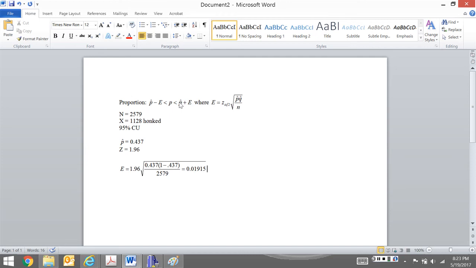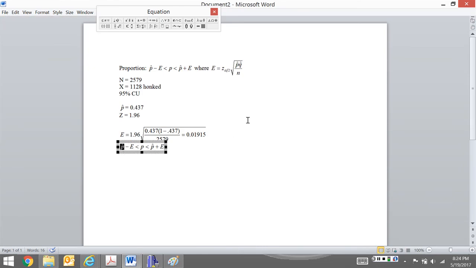So taking this down here, what I have now is my point estimate, which we figured out, right? That was the 0.437, and I'm going to subtract the error, so that's my 0.191, and then over here the same thing, 0.437, but now I'm adding this.